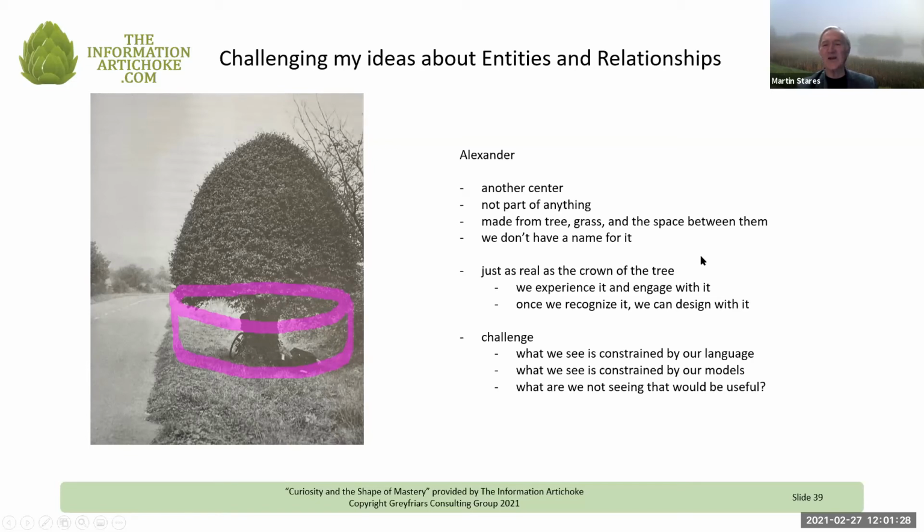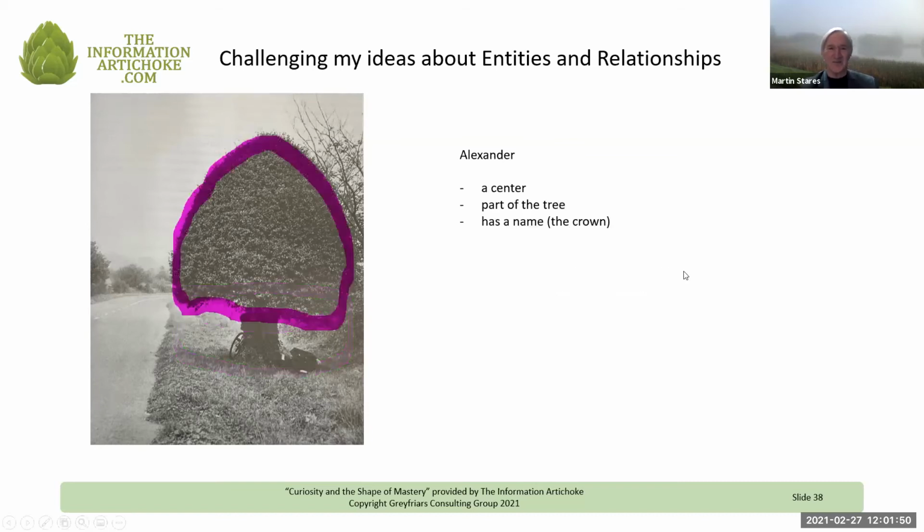We experience it, we engage with it. It has affordances. Once we recognize it, we can design with it. So this was challenge number one. What we see is constrained by our language. What we see is constrained by our models. How can we get past that? What are we seeing or what are we not seeing that would be useful?